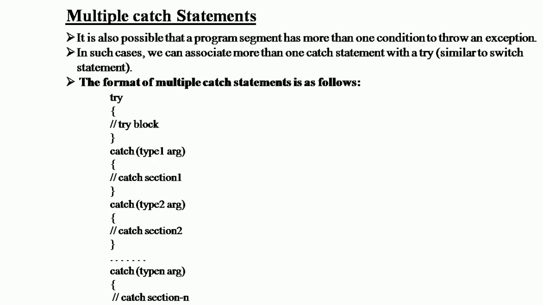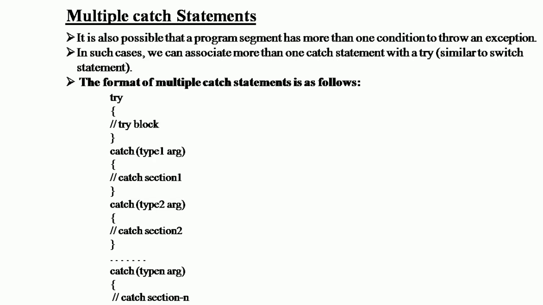Catch type 2 argument, catch block started, catch section 2, closed, and so on. Catch type n argument, catch section n. These are the different statements you can define in the catch sections.